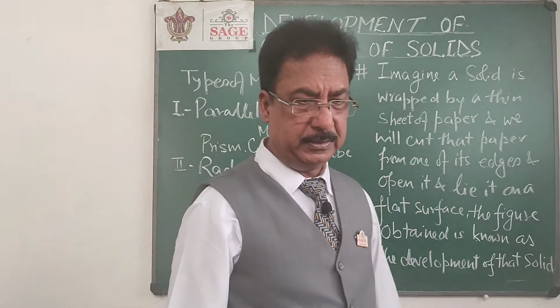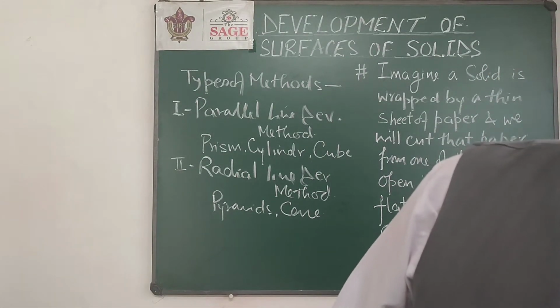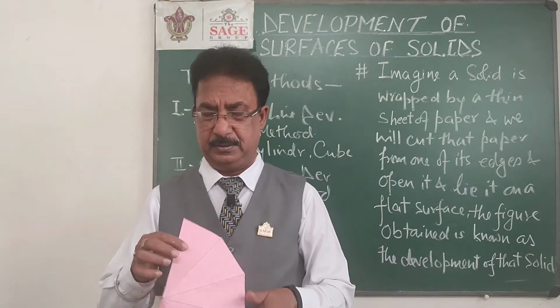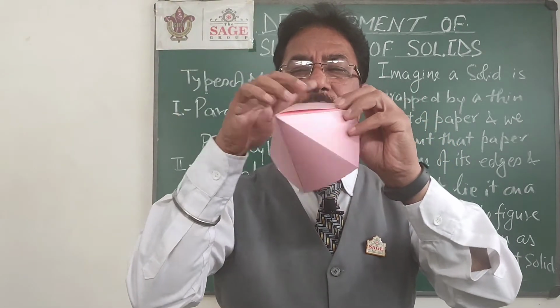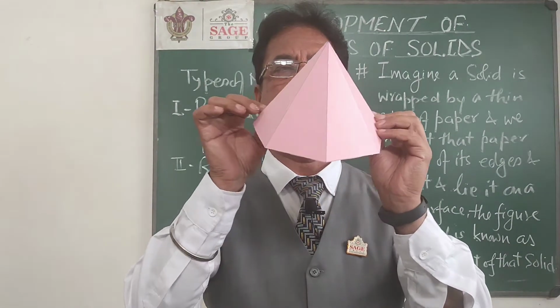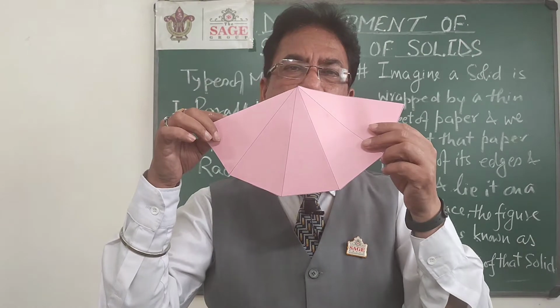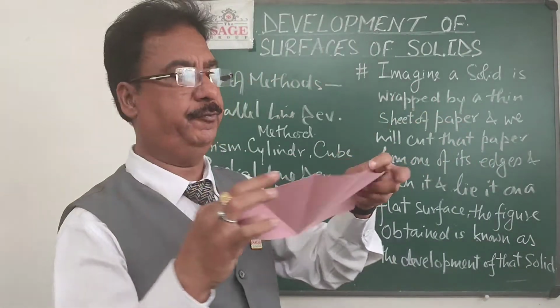As the name suggests, this time the solid is opened about its slant edge in the form of an arc. As you see in this figure, this is the development of, if I fold it, a pentagonal pyramid. If I open it, the development will be 5 triangles, and if one more is added, that will be the development of a hexagonal pyramid.